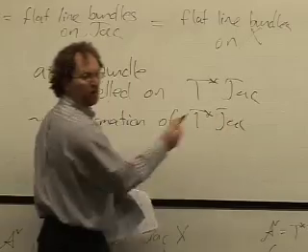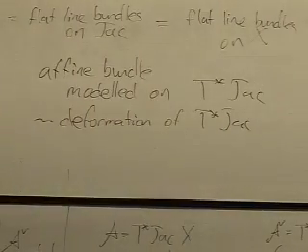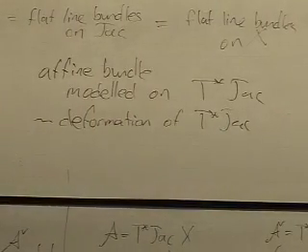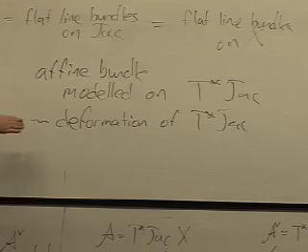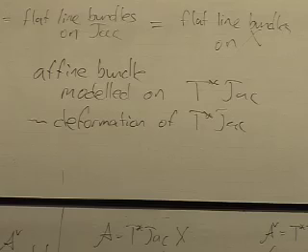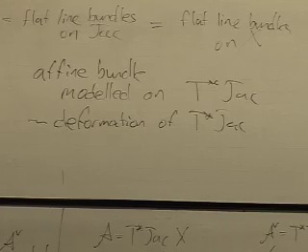The cotangent bundle of the Jacobian looks like the space of line bundles without connection. A one form looks like a connection in a line bundle, but there's no canonical identification. So this space is a nice deformation, as any affine bundle is a deformation of the corresponding vector bundle.